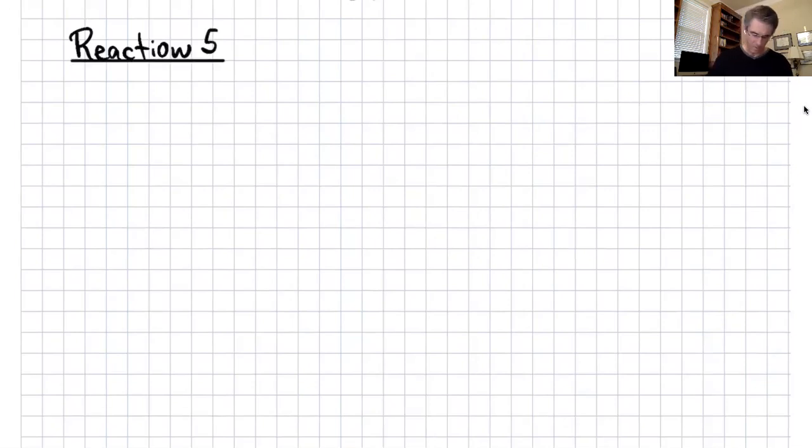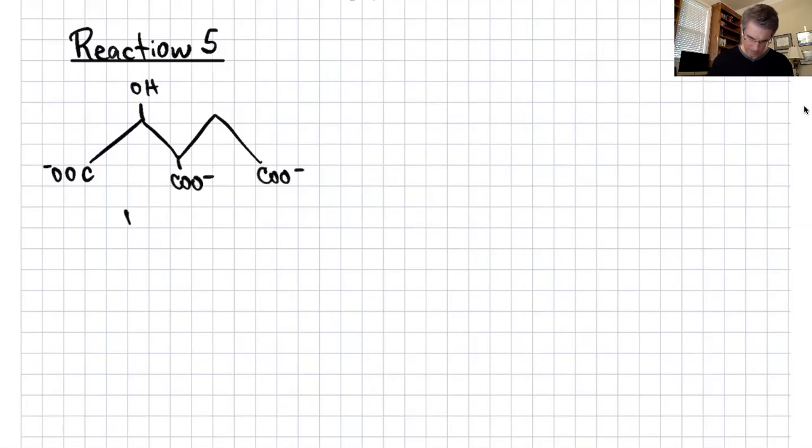Okay, so using the magic of prochirality in the active site of aconitase, we've now created this enantiomerically pure version of D-isocitrate, right?